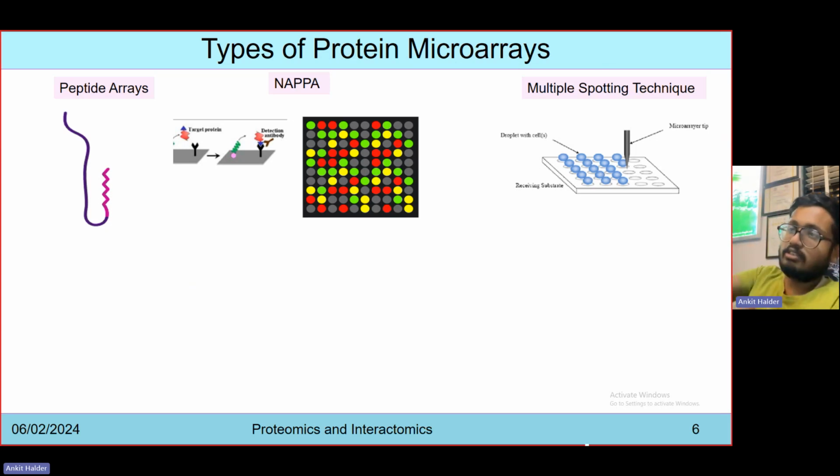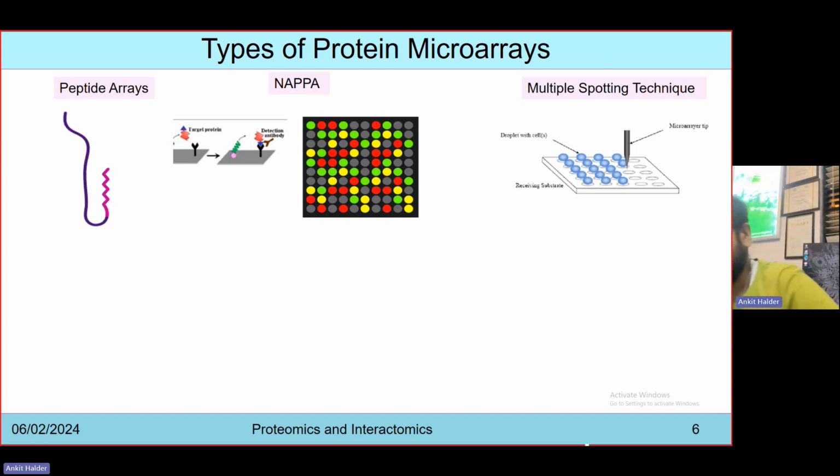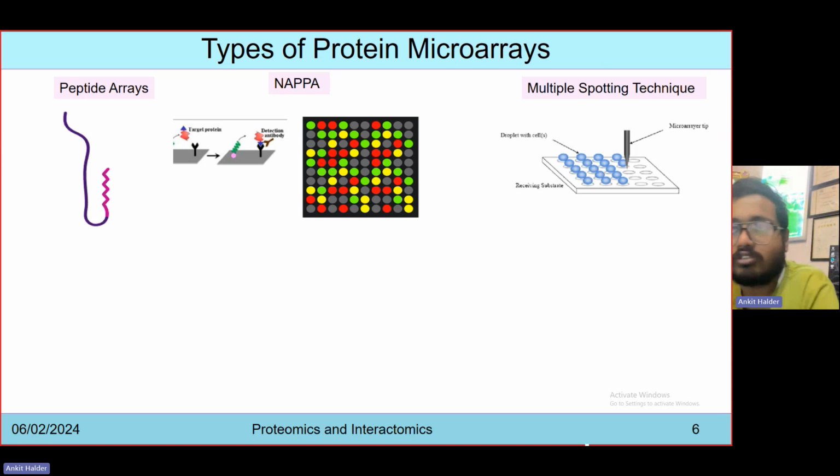The next thing we are moving towards is the type of microarray technique developed by Professor Joshua LaBaer, who helped in designing the steps for these cell-free expression-based systems, the NAPPA, or nucleic acid programmable protein array.